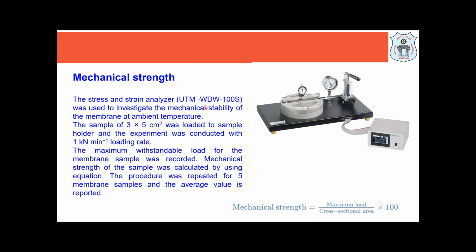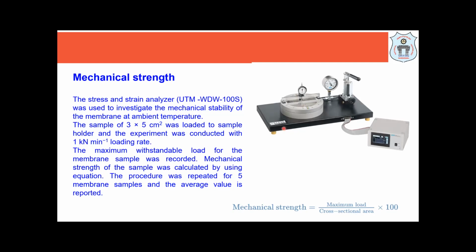So mechanical strength, how will we do it? There will be a universal stress strain analyzer. In that, what we do is we take a sample membrane of 3 into 5 centimeters square and keep it in the sample holder, and conduct the experiment at a particular loading rate of 1 kilonewton per minute. So the maximum withstandable load for the membrane sample will be recorded.